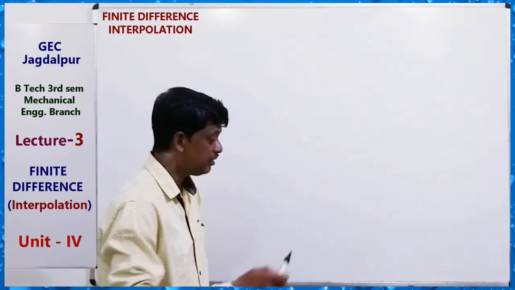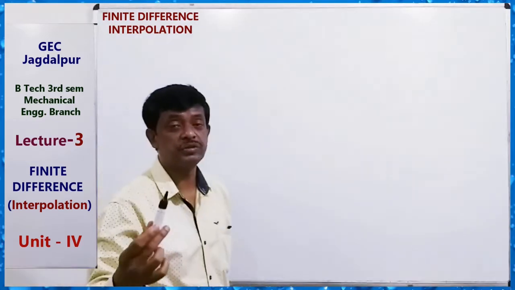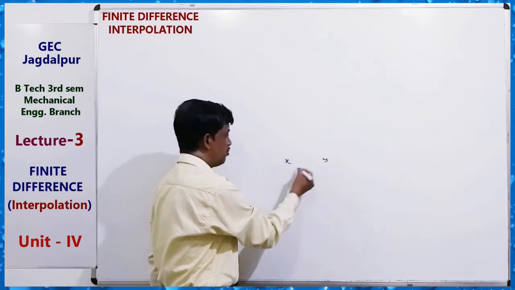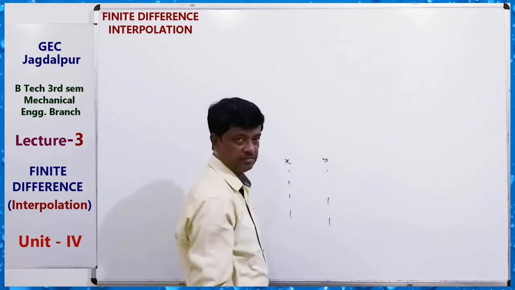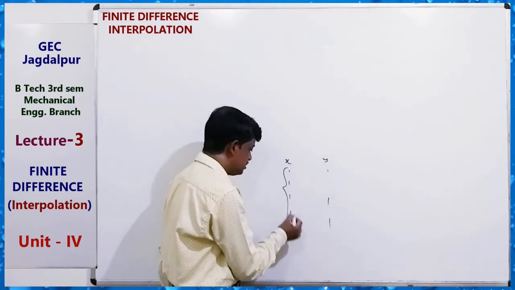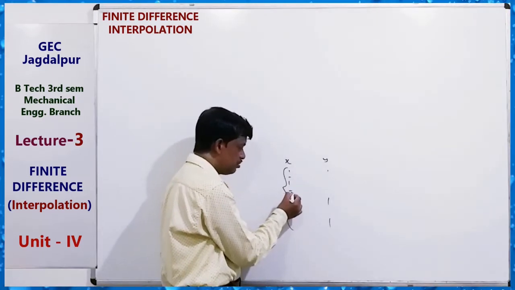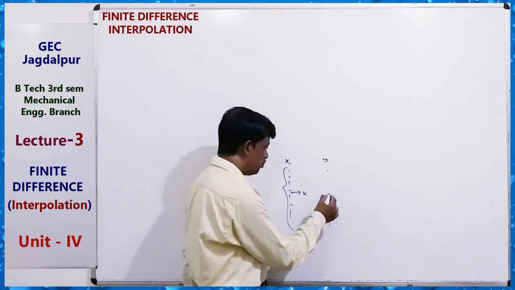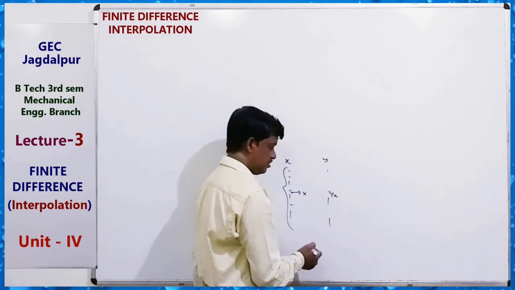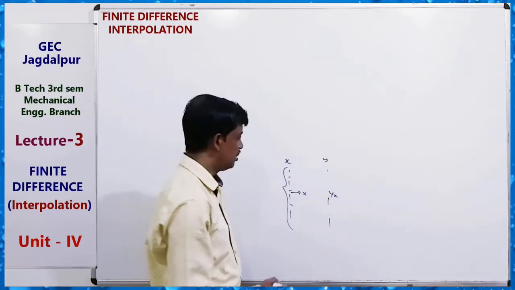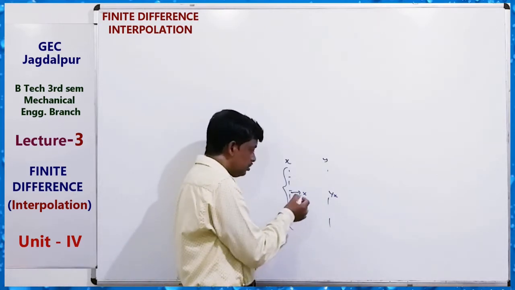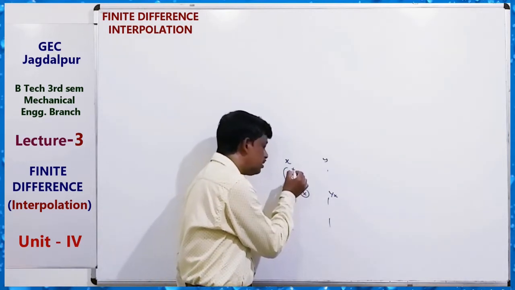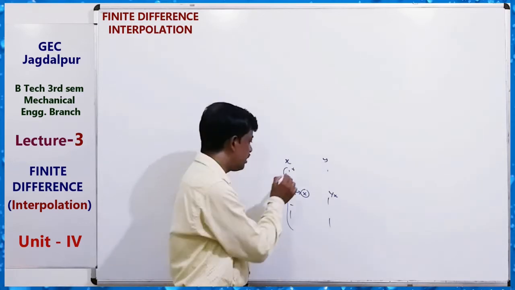So here is Newton's forward interpolation formula. Interpolation means we have values of x and values of y, and within this range, for a particular value in between, we want to find the value of y, that is yx. This value may be at the beginning of the values of x or at the end.